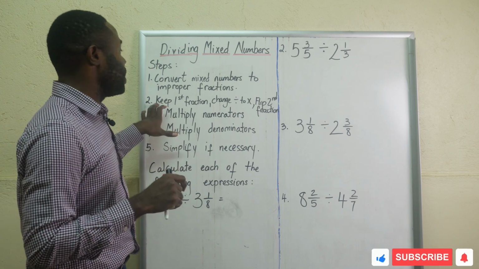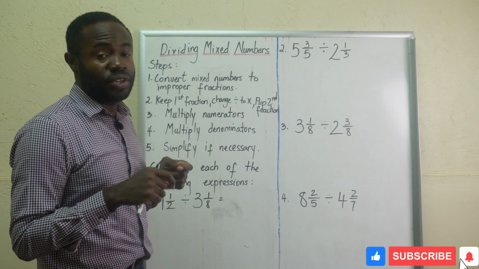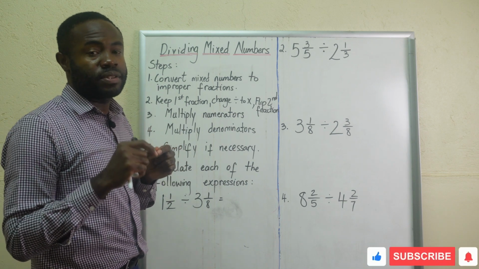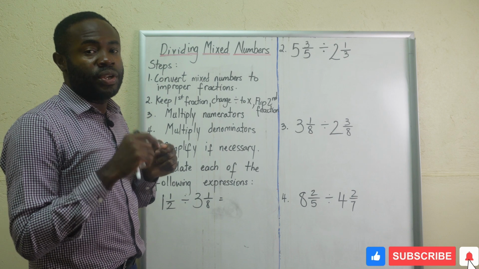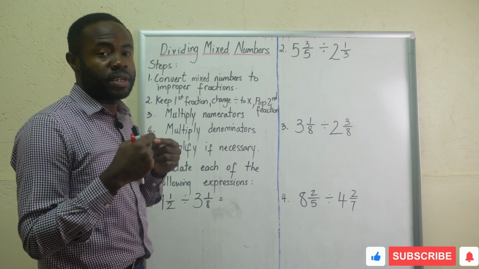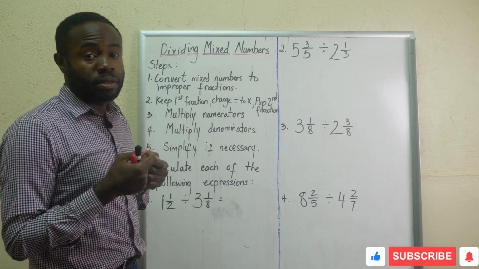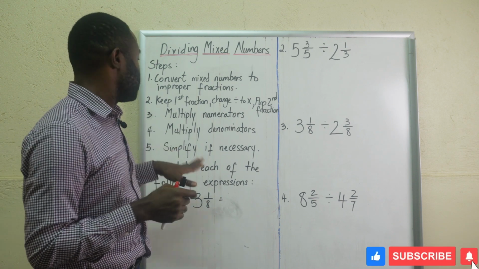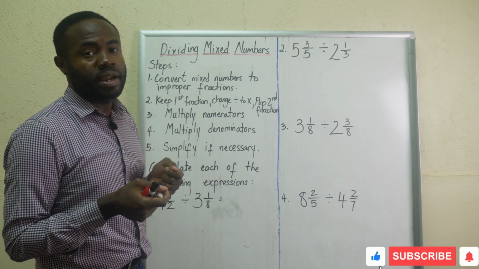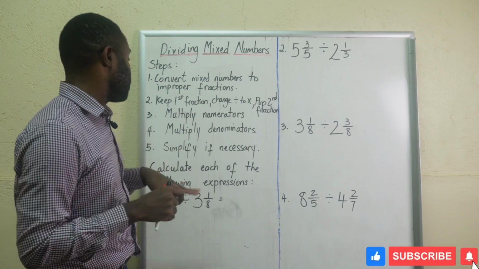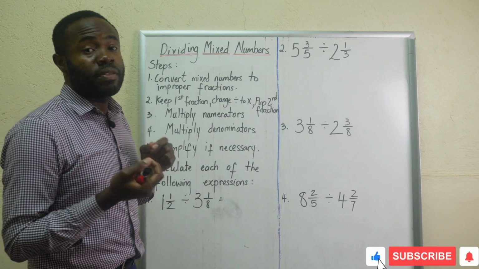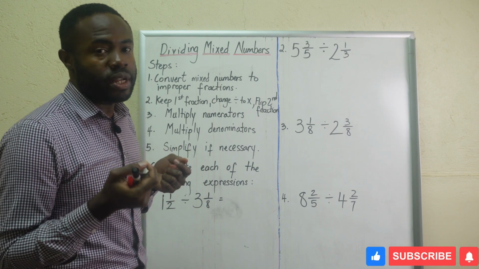That is, you keep the first fraction as is, you change the division sign to multiplication, and lastly, you flip or reciprocate the second fraction. Step 3, you multiply your numerators. Step 4, you multiply your denominators, and then step 5, you simplify the fraction if needed or necessary.